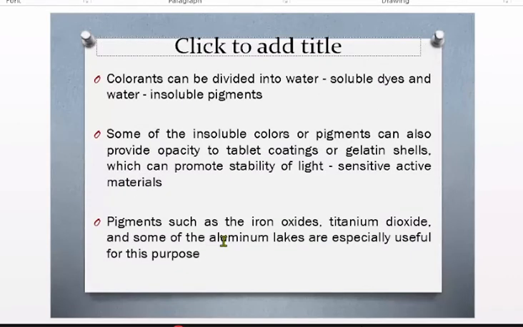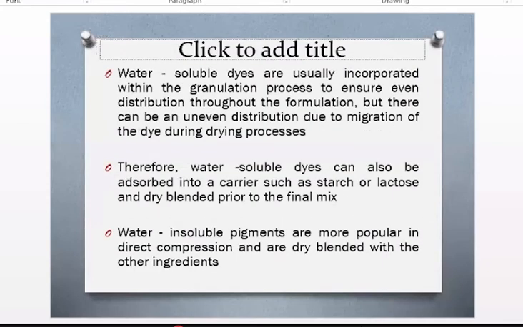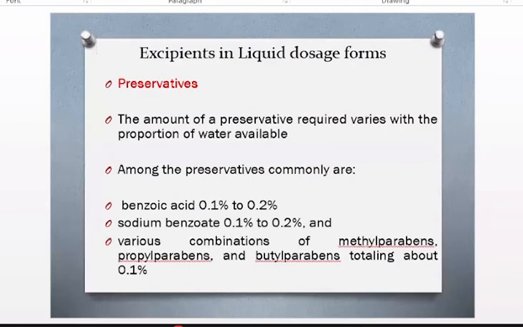We've given examples of colorants, sources of colors as well. You can have a look at these pigments that are used as coloring materials. All these are talking about pigments and dyes used as coloring agents.